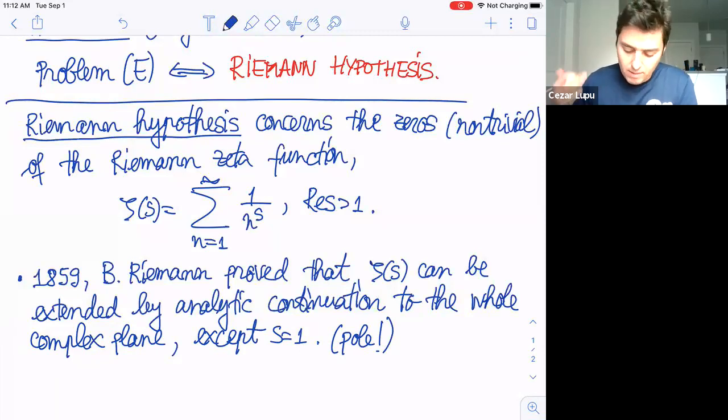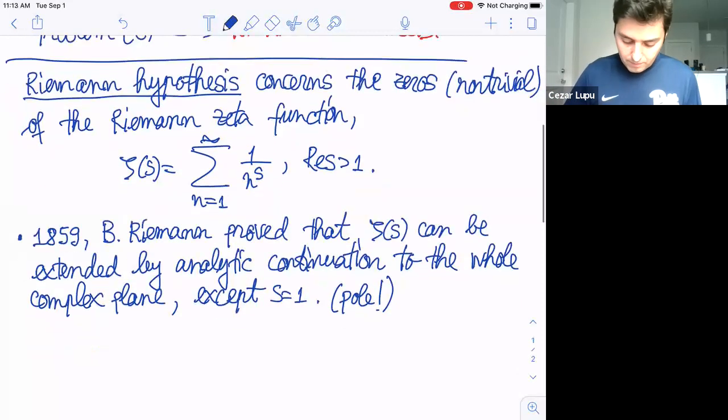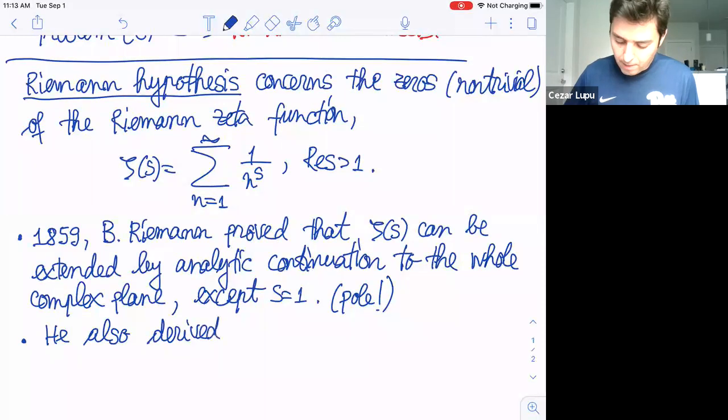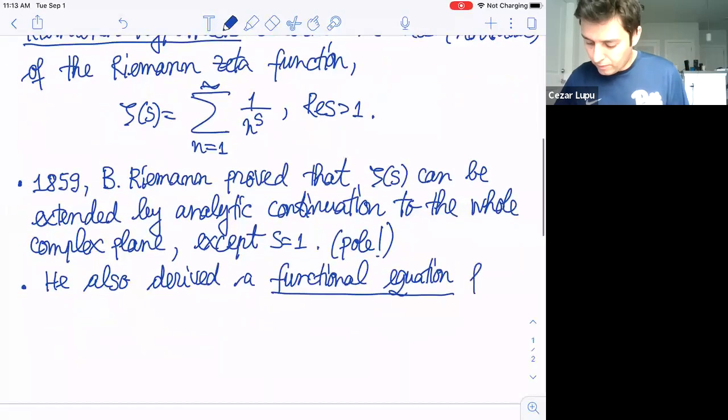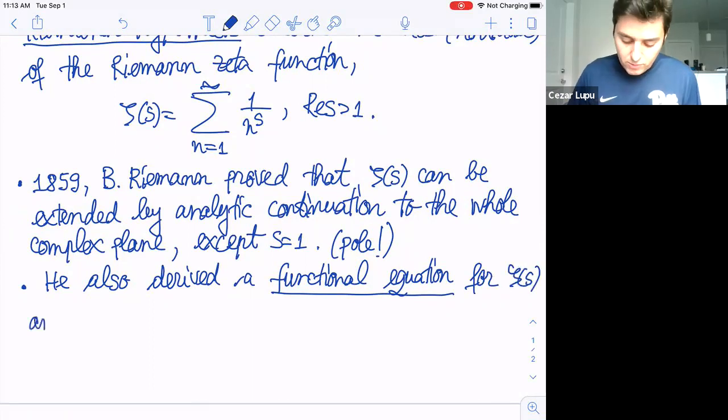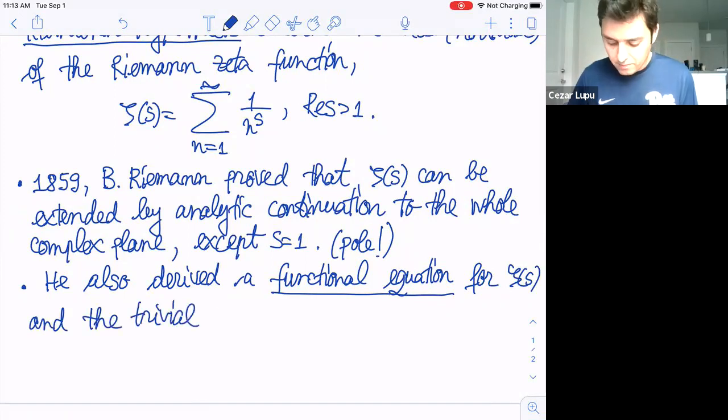Another thing he proved was the functional equation, where he derived a functional equation for zeta of s, and from this function also the trivial zeros. The trivial zeros follow immediately from this functional equation.